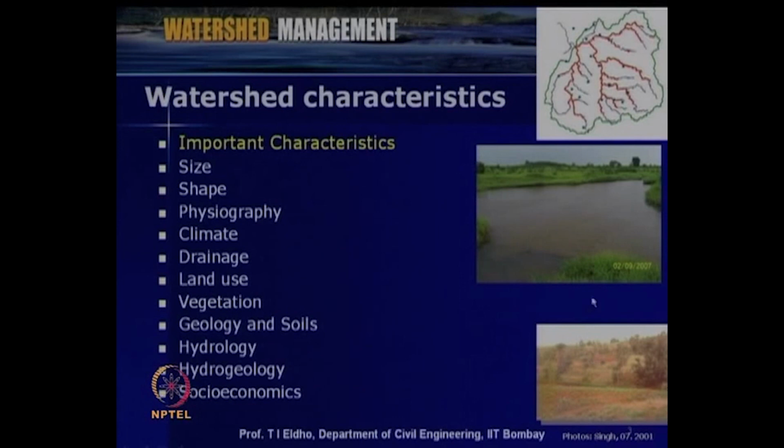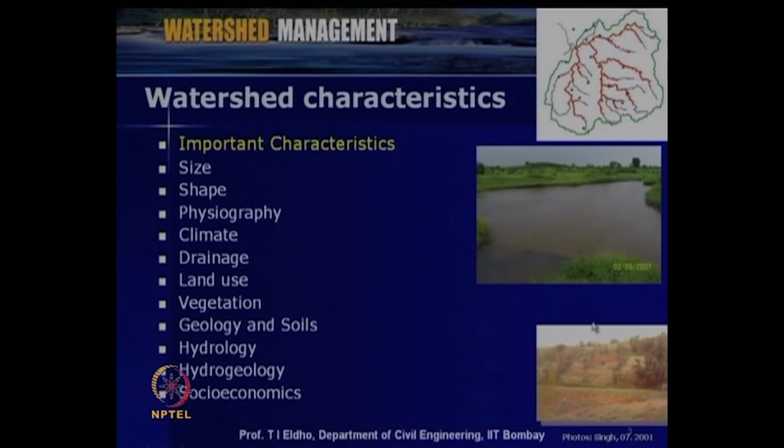The various hydrological processes taking place within the watershed, like infiltration and various other parameters, depend upon the geology and soils of the watershed. Then hydrology, which is already within the climate aspects, like rainfall to runoff and various other hydrological processes. Then hydrogeology, like groundwater, infiltration and other parameters, and then of course the socio-economics.